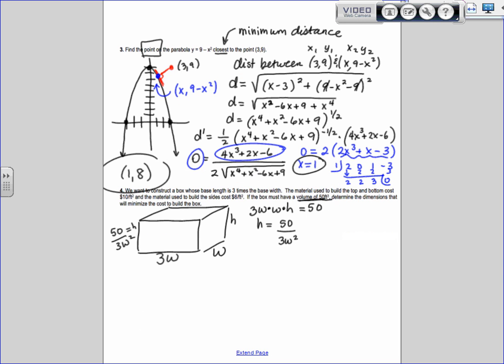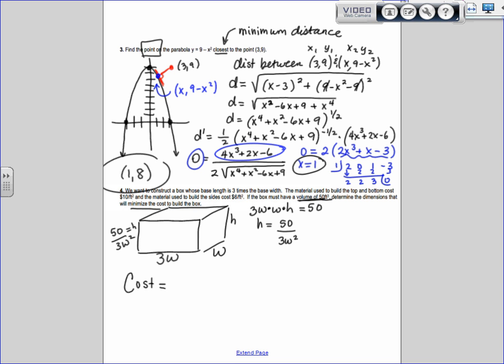All right, so what are we trying to minimize in this case? Minimize the cost to build a box, right? So let's talk about the cost equation. C for cost. We need to talk about the front, the back, the right, the left, the top, and the bottom. Bottom is important in a box.